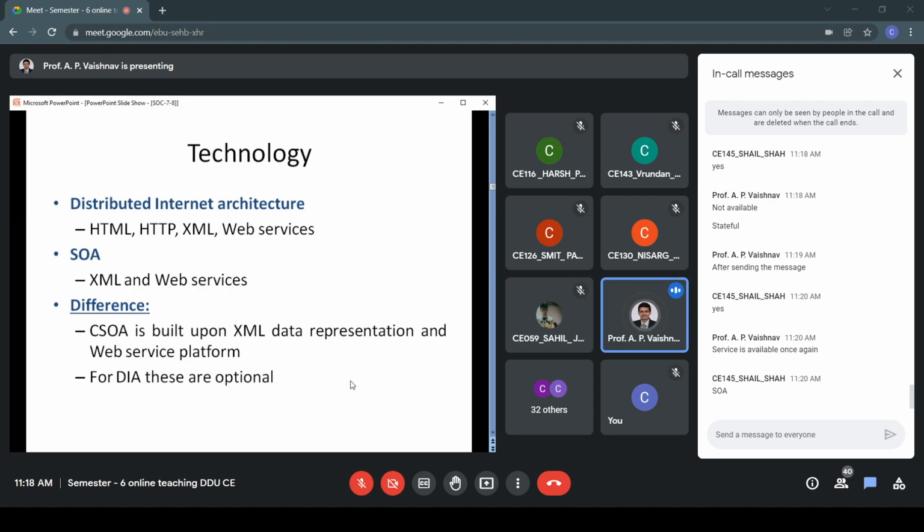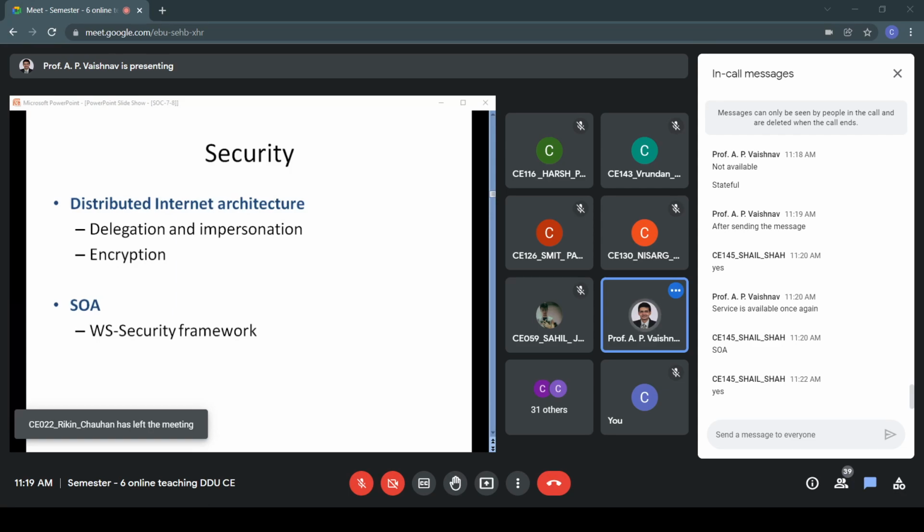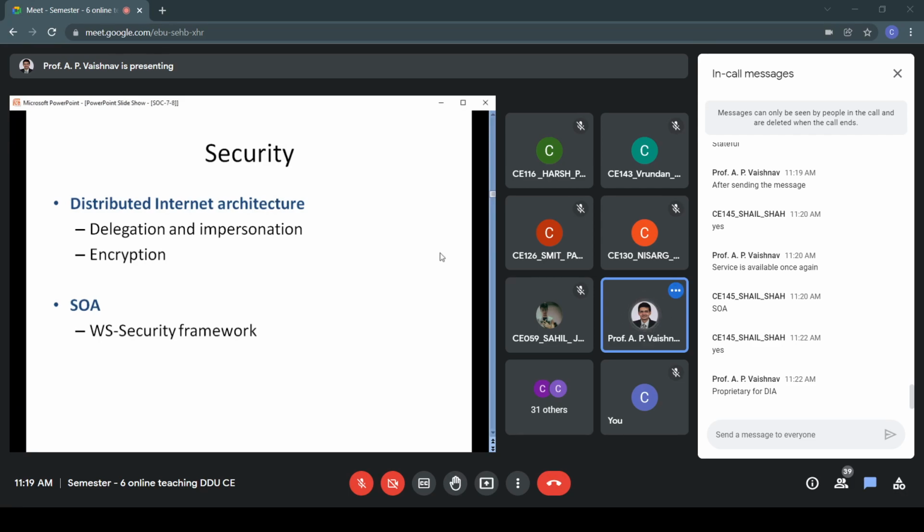Let us go for the next point, security. In security, if you compare again, in DIA, we use proprietary mechanisms. Right? Again, we rely on proprietary mechanisms. And when I say proprietary, that means programmers have to handle the security logic themselves, or they might have to rely on the platform.